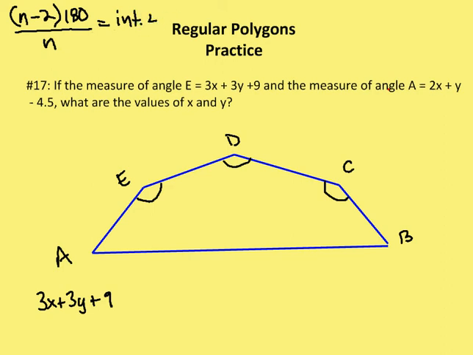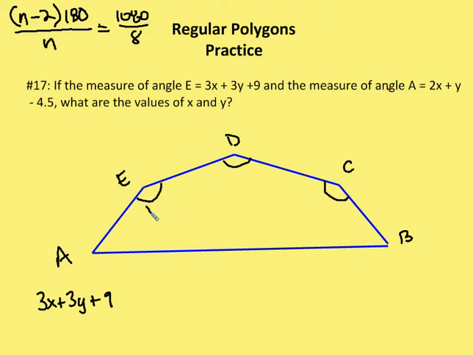We have an octagon here, so n minus 2 is 6, times 180 gives me 1080, divided by 8 sides, and that leaves me with 135 if I'm not mistaken.